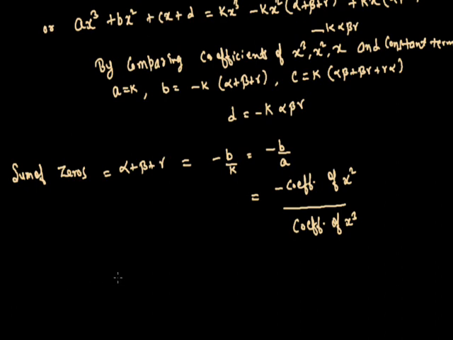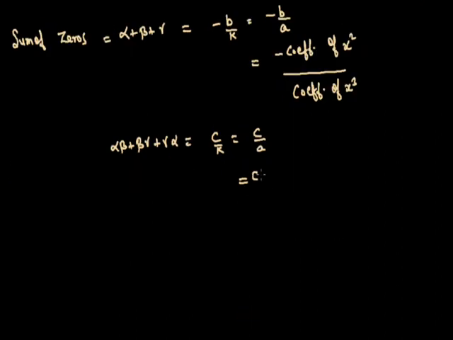Now alpha beta plus beta gamma plus gamma alpha is equal to c by k, or we can say c by a, where c is the coefficient of x upon the coefficient of x cube.